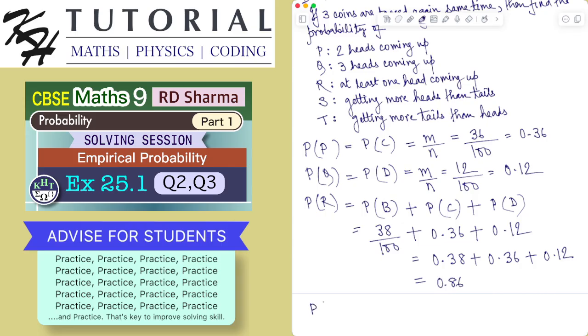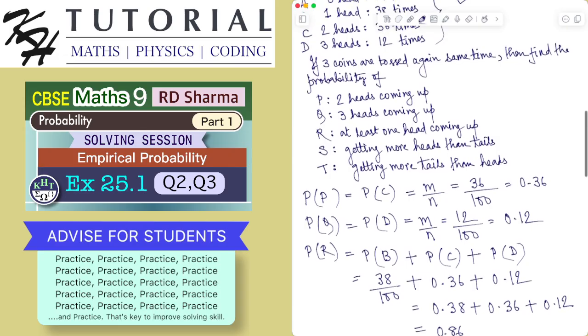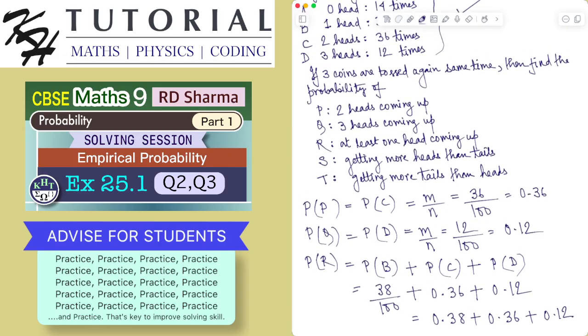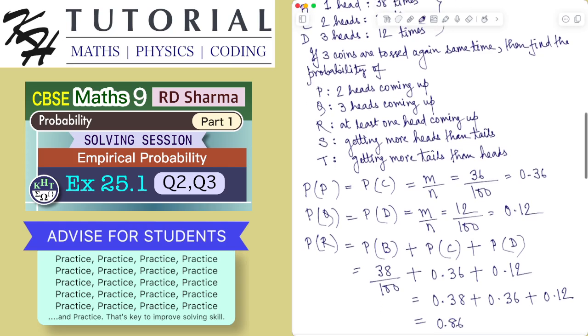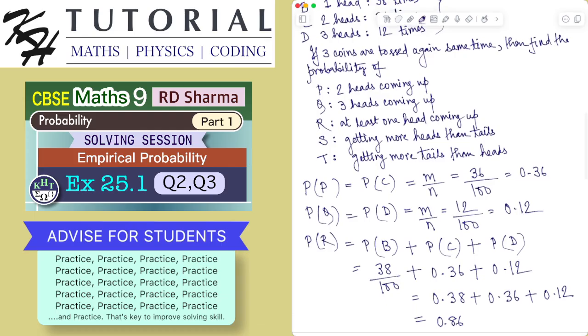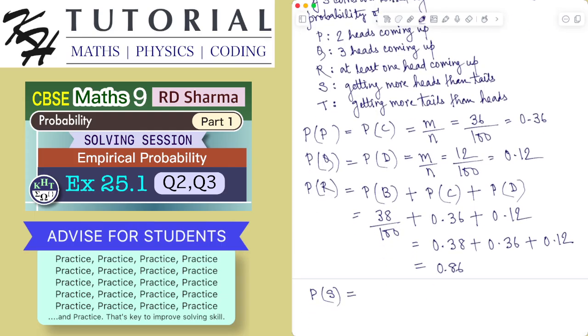probability of event S, that is getting more heads than tails. Number of heads will be greater than tails.